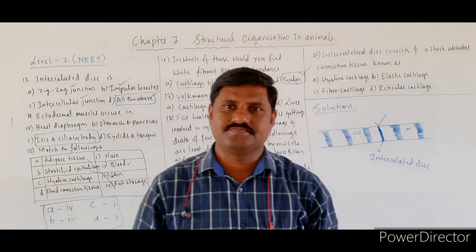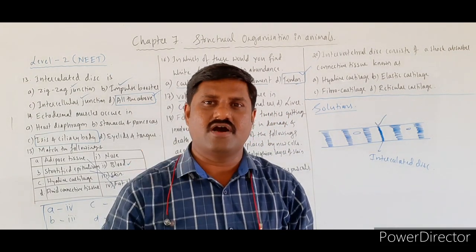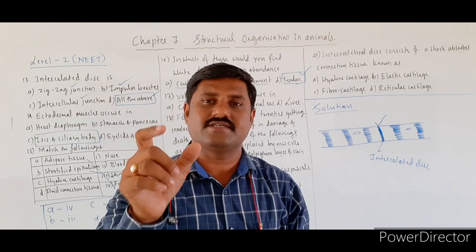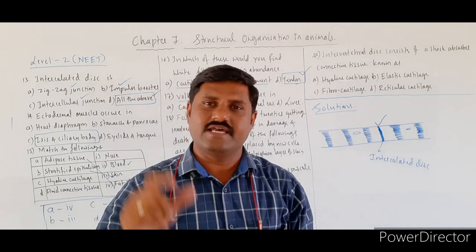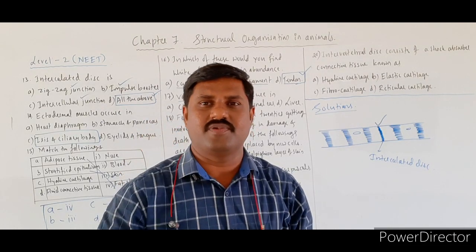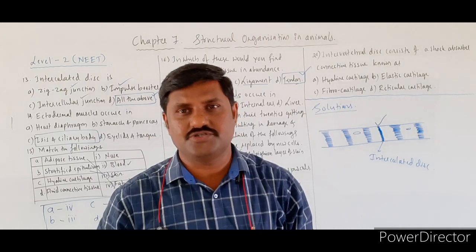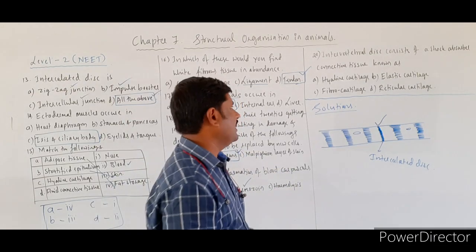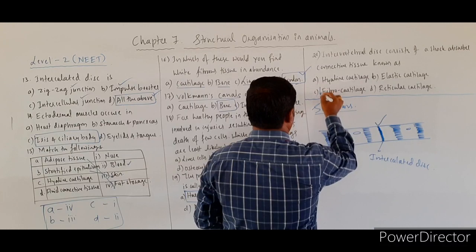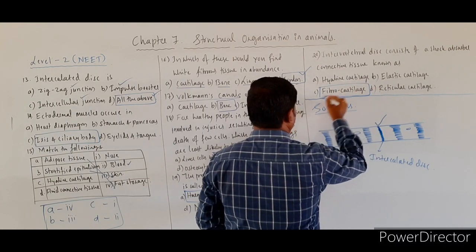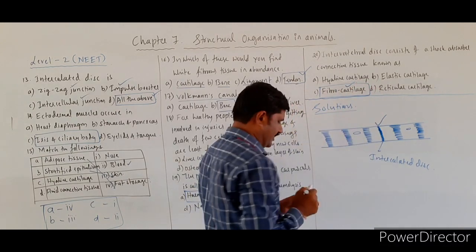In the vertebral column, you know, the intervertebral disc is made up of cartilaginous tissue. Which one? That is fibrous cartilage. Hence the answer is fibrocartilage.